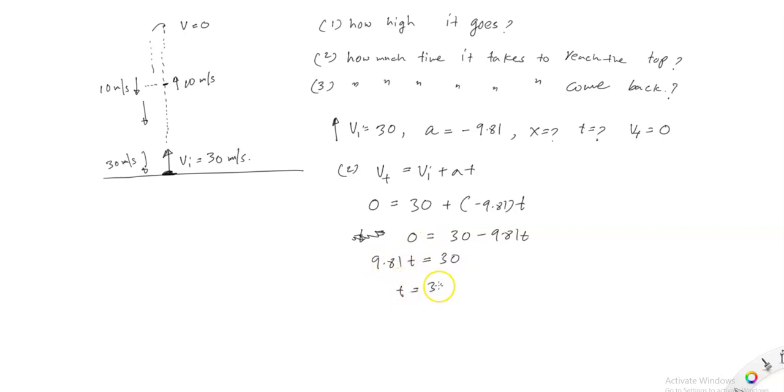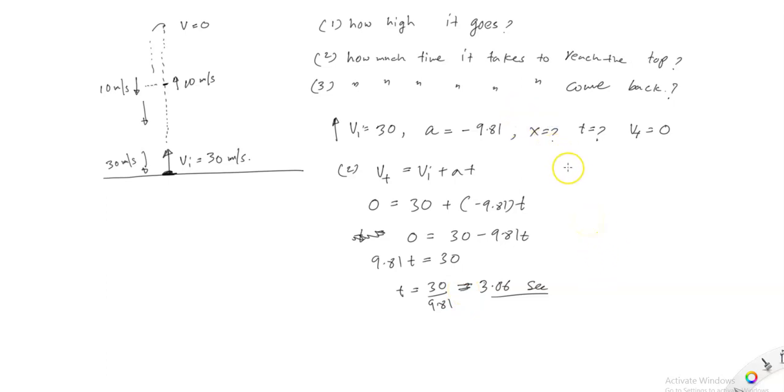So t equals 30 divided by 9.81, which is something like 3.1, I think. See for sure, 30 divided by 9.81 is 3.058, so approximately 3.1, but let's say 3.06 seconds. It takes 3.06 seconds to go up.